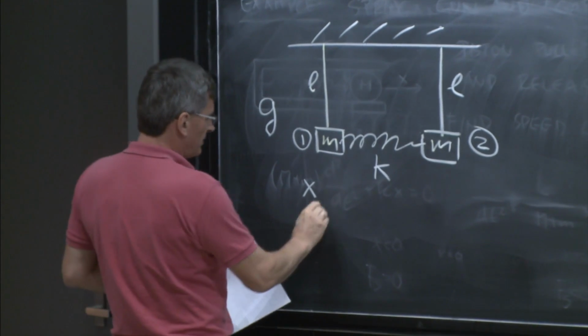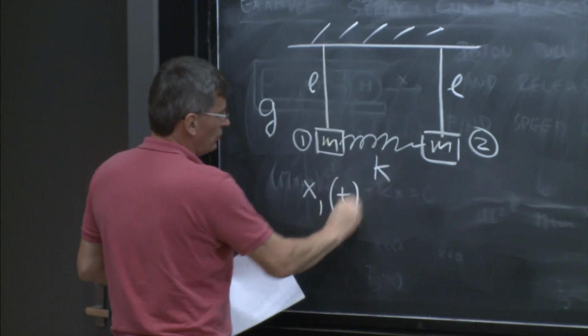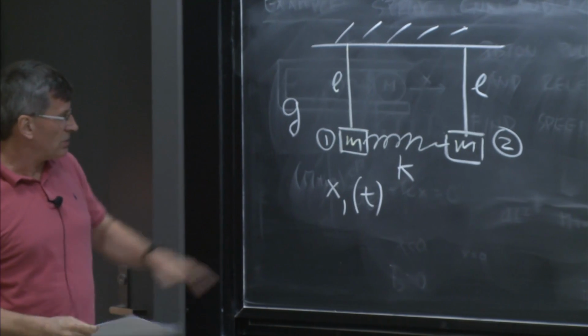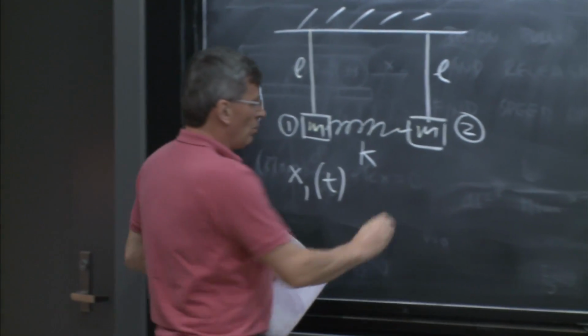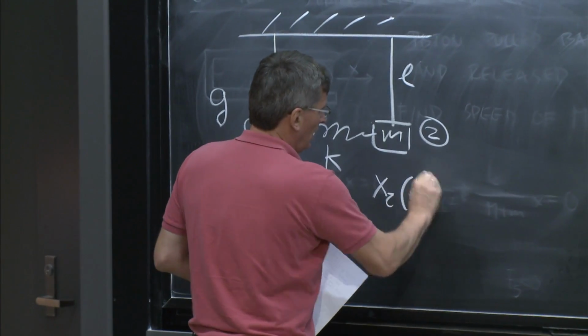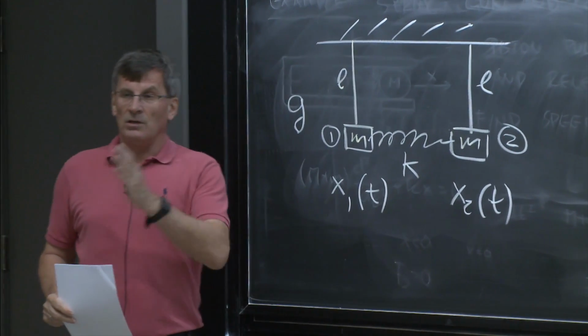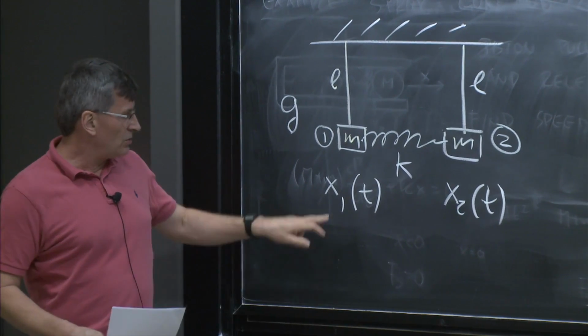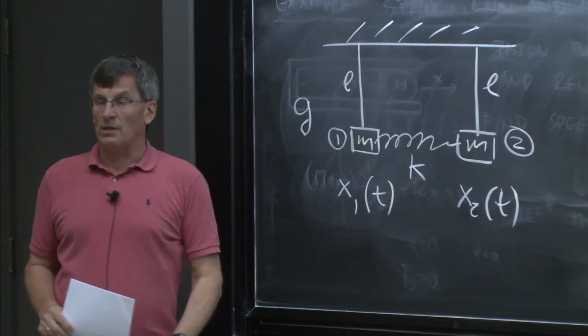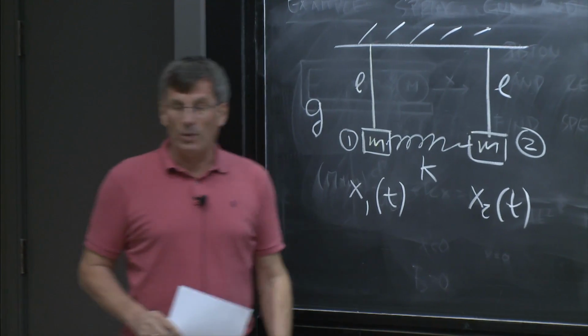We'll have x1, which in general depends on time. This is the position of this mass with respect to its equilibrium position. We'll have x2 as a function of t. Again, this tells us everything. The full description of the system is to know exactly what happens to x1 and x2 for all possible times.